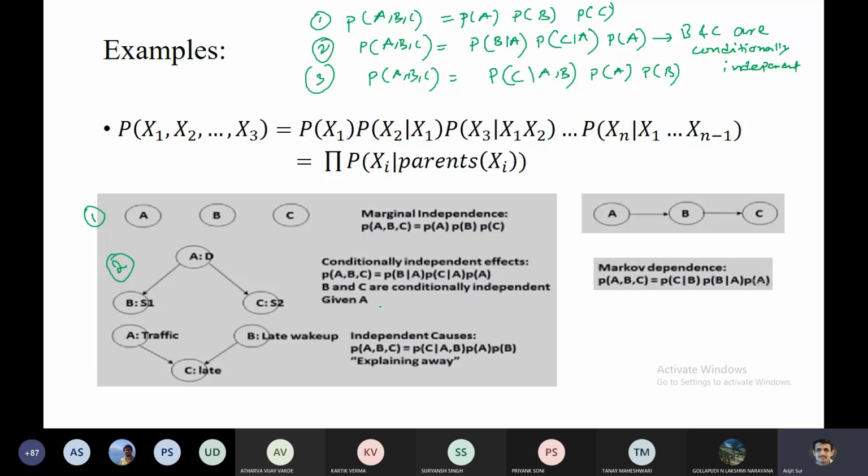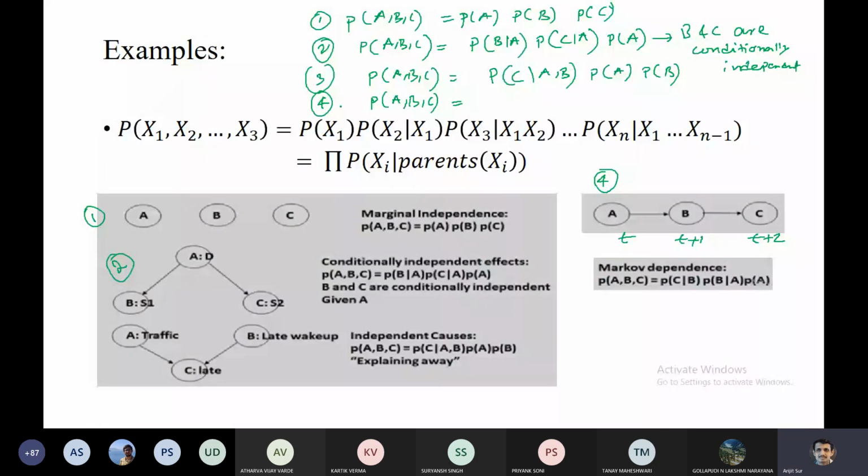Another very important one is four. This is also called Markov dependence. This Markov dependence is of a sequential nature. You can say this is timestamp T, this is T plus one, this is T plus two, and something like that. Okay.